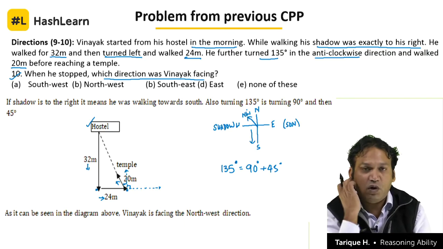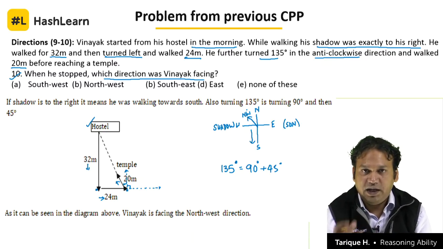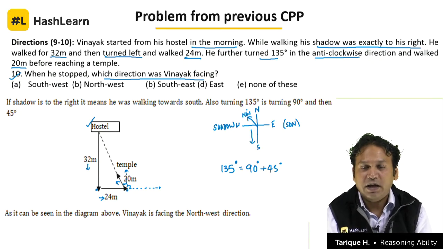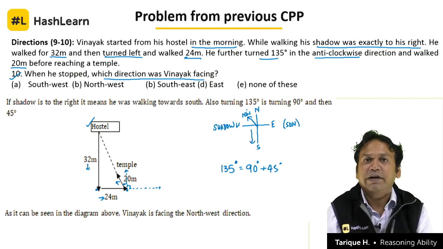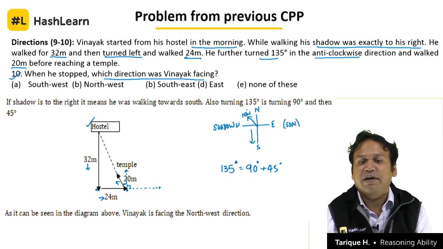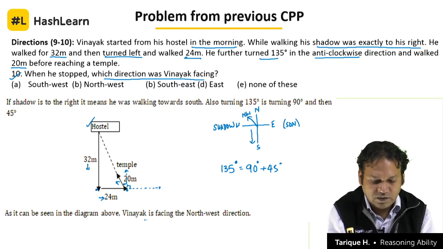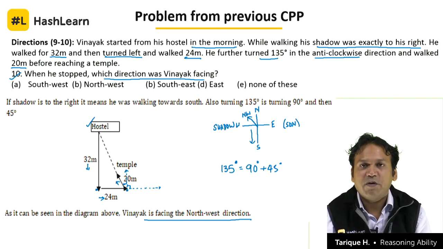That is how you are supposed to solve this particular question: understanding the concept of light and shadow, understanding the concept of turning left and right, and having basic knowledge of the directions north, south, east, west, and how to turn anti-clockwise or clockwise with different angles like 135 degrees, 45 degrees, 90 degrees and so on. So that is how we get the answer here. Vinayak is facing the northwest direction. This is the question from the previous CPP.